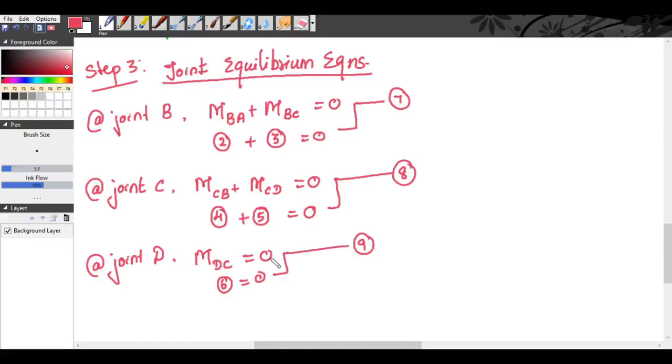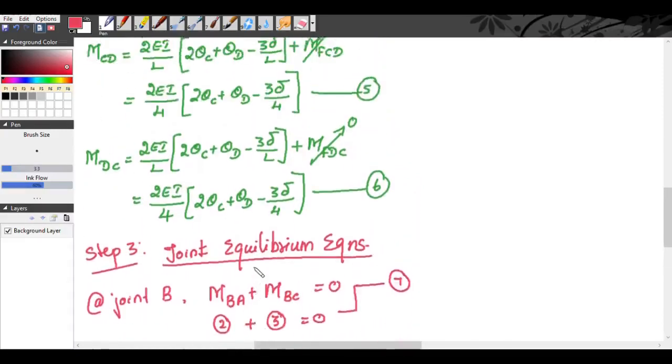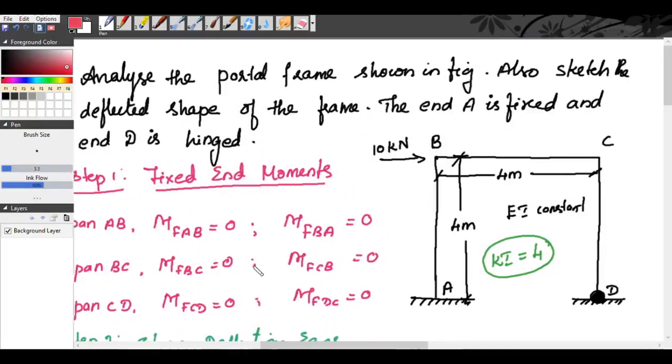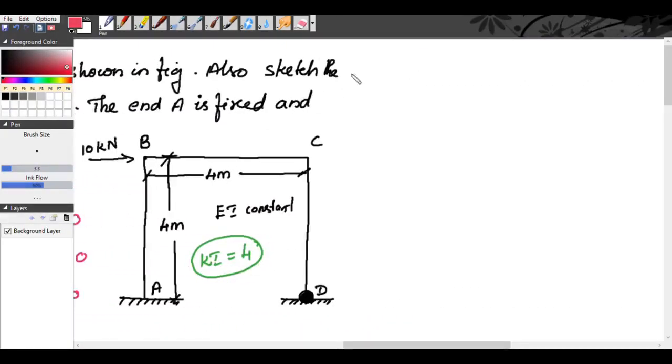Now, we need additional shear equations to solve our problem, right? So, what are the shear equations? That is step 4, we will write our shear equilibrium equations.